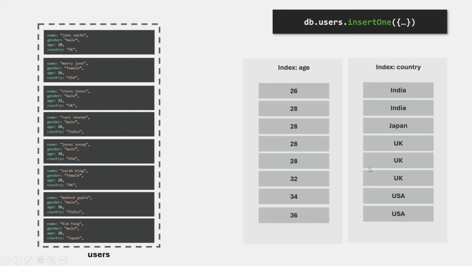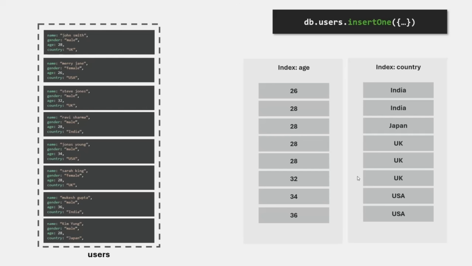And these are some extra operations which happen when you insert a new document. And because of this, it can affect the performance of the insert operation. Hope you got the point. So therefore, indexes don't come for free. And you really have to think which index will be useful by understanding which field of a document will be used most for querying, and you can add indexes only on those fields.